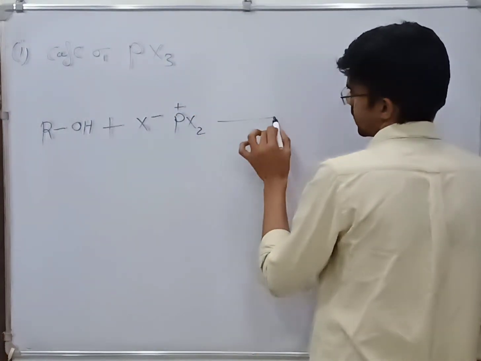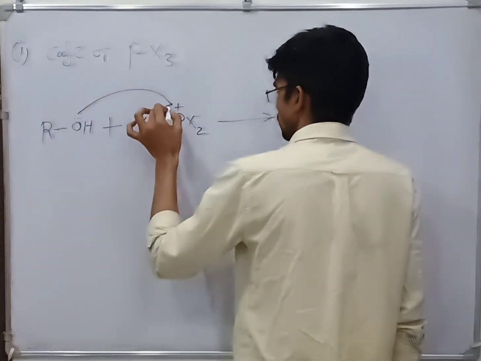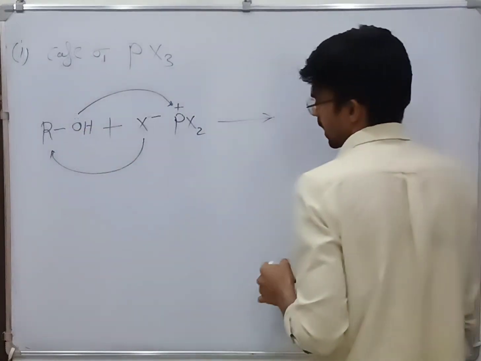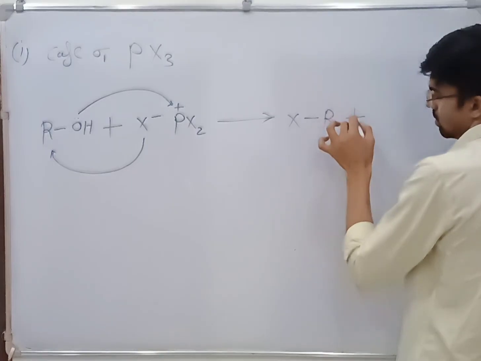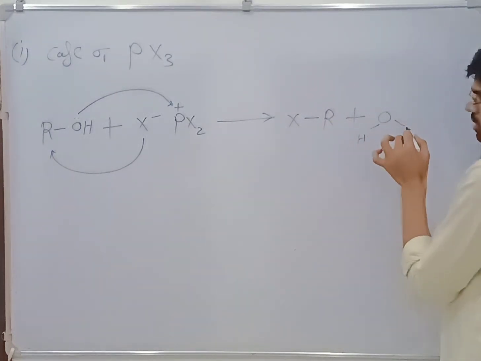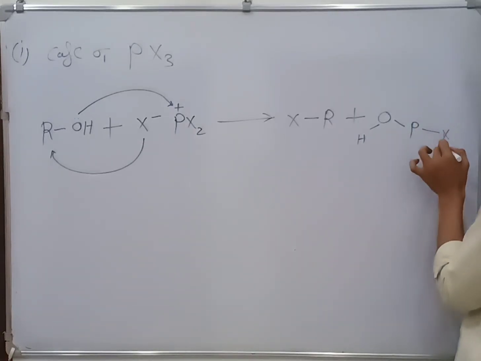So what will happen here? This oxygen will donate its electron to this compound and X will attack the R. The product will be RX plus OH, then PX2.